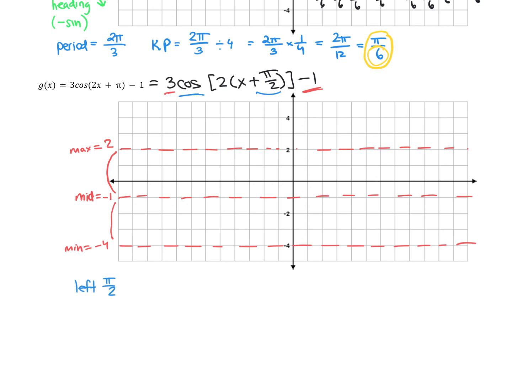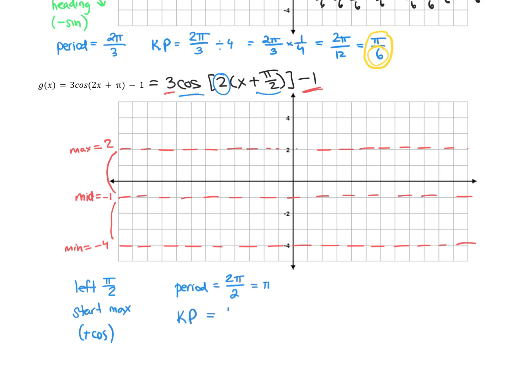We have cos, which means we're starting at a max. Because it's a positive cos, it was not reflected. And finally, I need that period. So 2 pi over my k value, k is 2, so the period is pi.